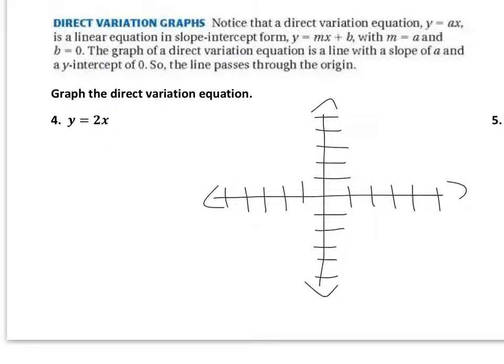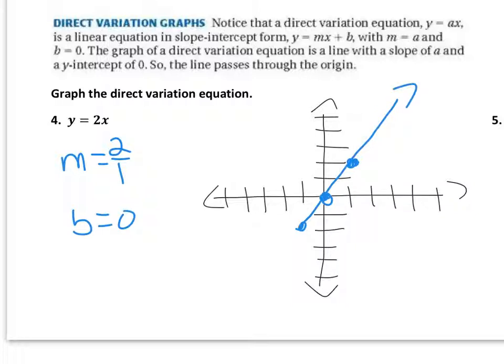And then, second thing, remember, m is 2 over 1, b is 0. Direct variation always goes through the origin and begins at 0, 0. Up 2, right 1, or you could go down 2, left 1. Fill the graph. So these are just linear equations that you graph. They always start at 0, 0, and then you move the slope.